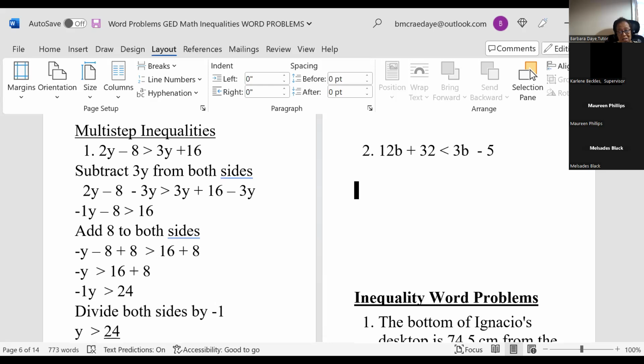I was taking away 3B from both sides. But I don't see a 3, Maureen. I see a coefficient 3 with the variable B, but I don't see just a 3 by itself.